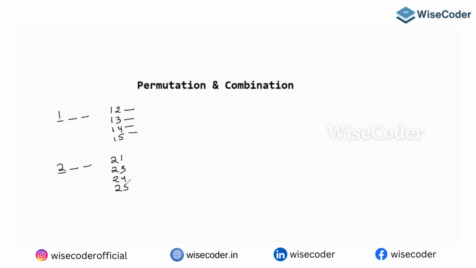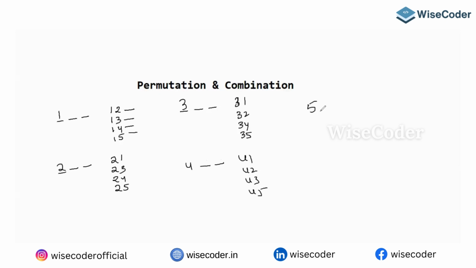Let me fix this with 3. Then you can write 3 1, 3 2, 3 4, 3 5. If you fix with 4: 4 1, 4 2, 4 3, 4 5.